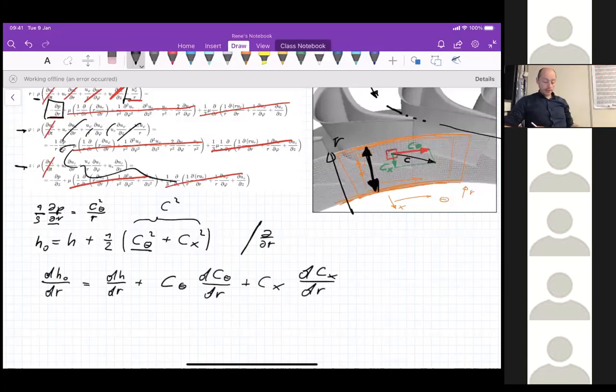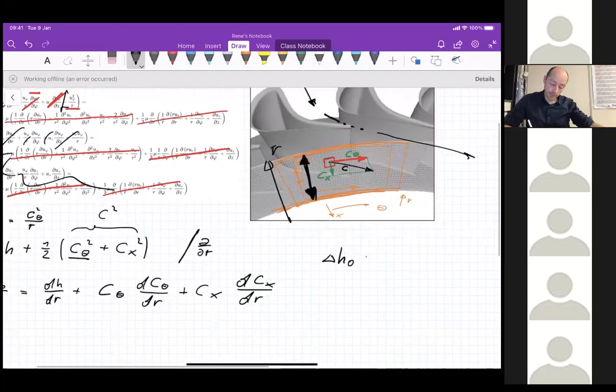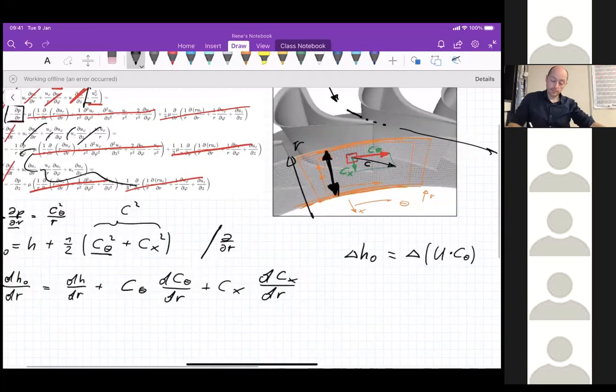Now you see that I have a total enthalpy, and remember in the Euler equation, I had an equation saying the change of total enthalpy is related to the change of the product U times C theta. It's the Euler equation. So this is something that I would like to keep, and I would like to find an expression which states something similar.